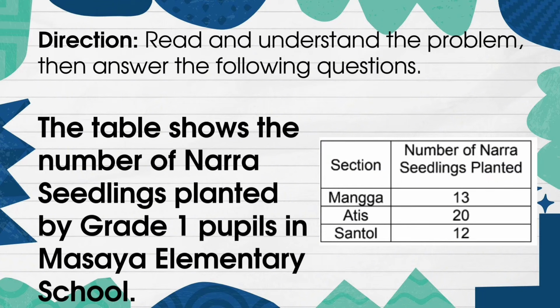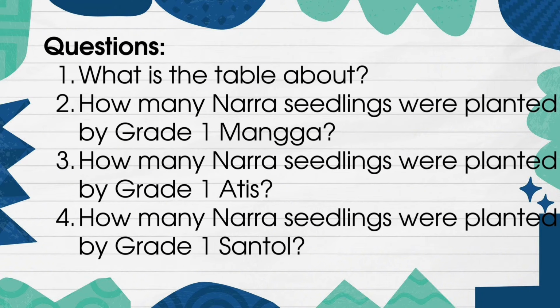The table shows the number of Nara seedlings planted by grade 1 pupils in Masaya Elementary School. Now, let's answer the following questions. Number 1, what is the table about? Number 2, how many Nara seedlings were planted by grade 1 Mangga? Number 3, how many were planted by grade 1 Atis?